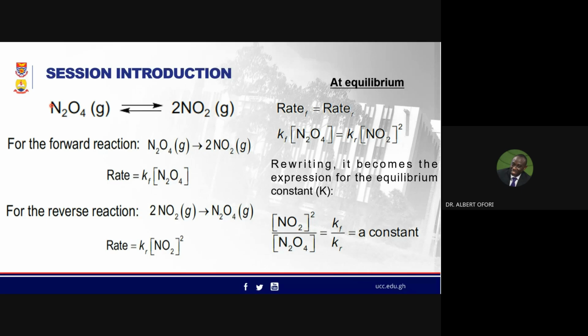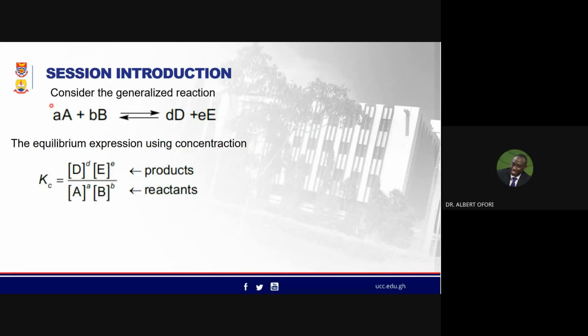Are you okay? Okay, so in general terms, this is how we write the equilibrium constant expression. If we have a stoichiometric coefficient, or a mole ratio, a mole factor here, which multiplies that reactant, that's the reactant moving to form a product.